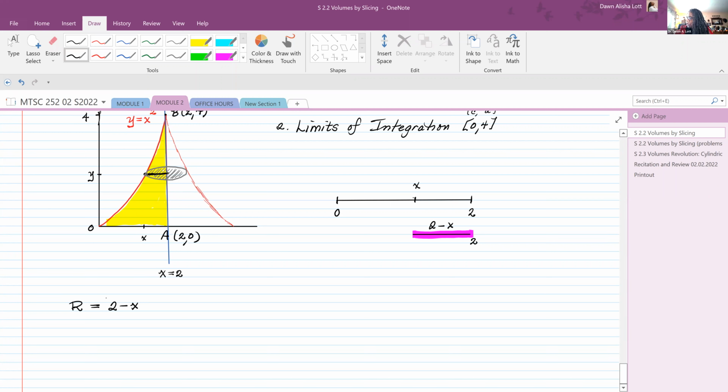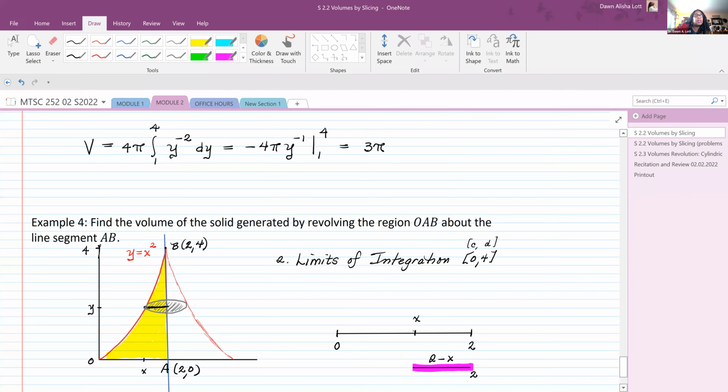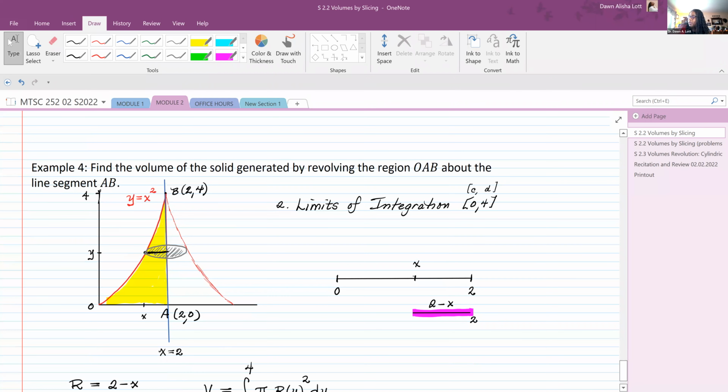But I'm solving this problem in y. So I have the volume is equal to the integral from C to D of pi times r of y squared dy. So this is r of x. R of y says I have 2 minus, and x is, solve for it right here.